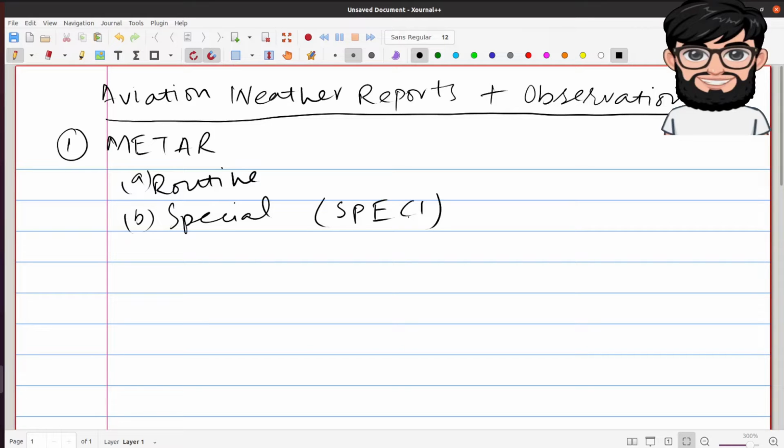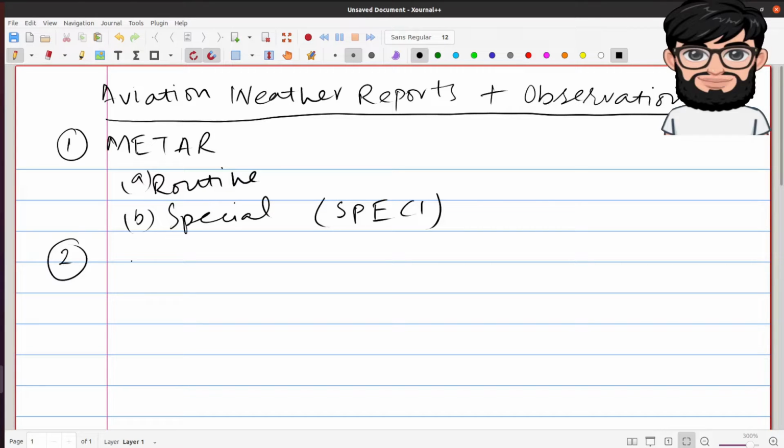The special report can be given at any time to update the METAR for rapidly changing weather conditions. It could also be that there is an aircraft mishap or critical information which they wanted to release before the hour. So that's why there's another METAR release called a special METAR.